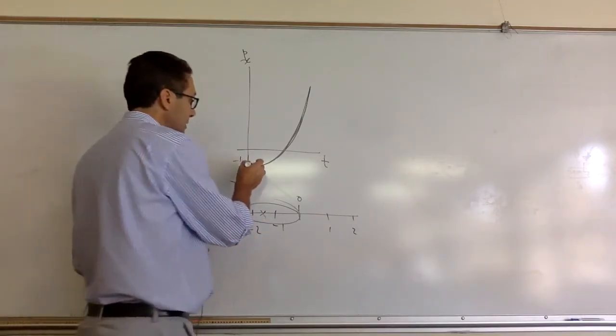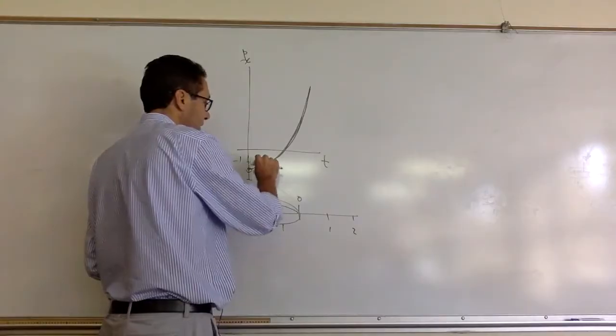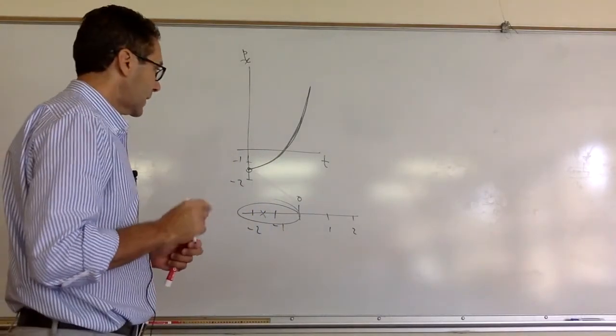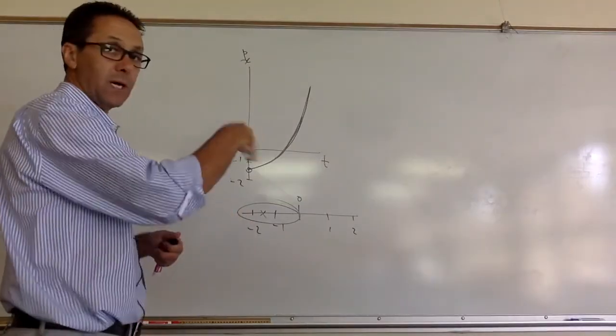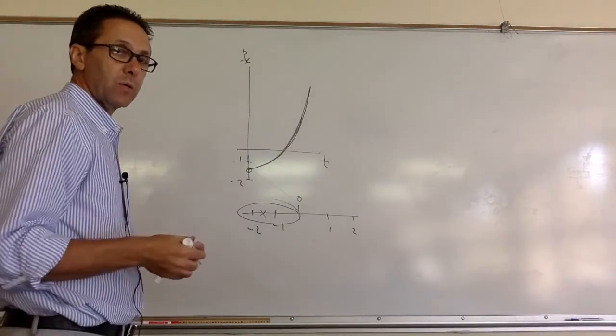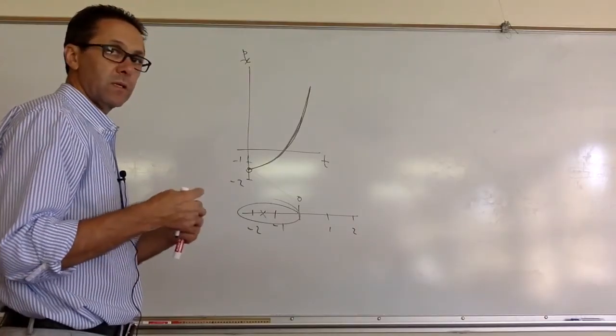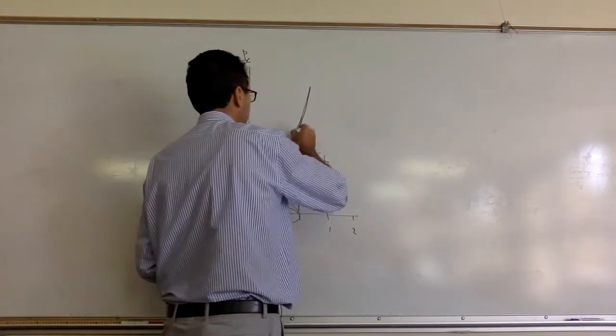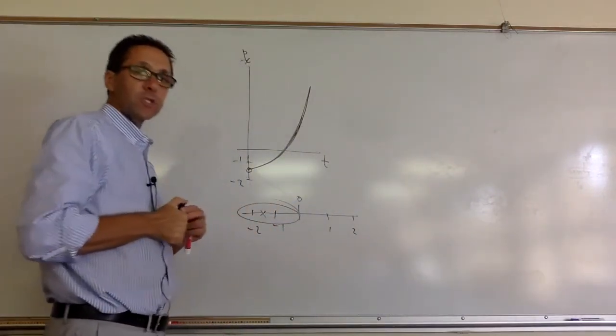And then it looks like my changes in x over the same amount of time are getting bigger and bigger as the time passes. This tells me that I'm speeding up. My velocity is getting higher and higher. So how do we know the velocity from a position-time graph?